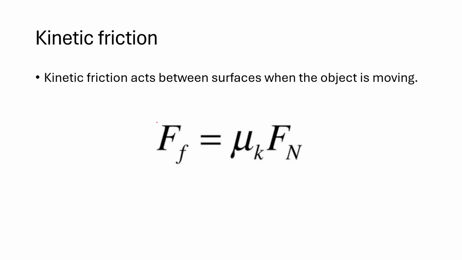The formula for calculating kinetic friction is the force of friction is equal to mu k, which is the coefficient of kinetic friction, multiplied by the normal force. In many ways, it's identical to the static friction formula. The only thing that's changed is that the coefficient becomes mu k instead of mu s. Mu s would be for static friction.